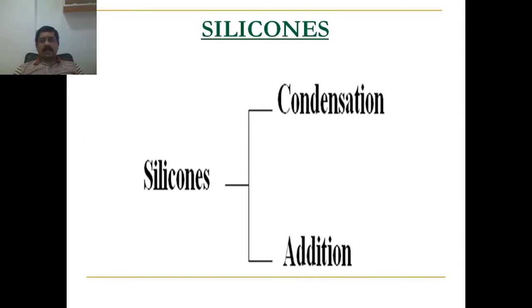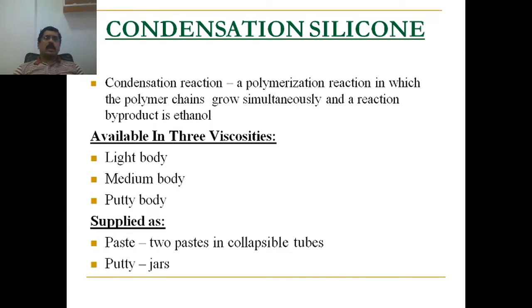Silicones, as we said earlier, we have condensation and addition. Condensation silicone is based on a condensation reaction, which is a polymerization reaction in which polymer chains grow simultaneously and a reaction byproduct is formed. Here the reaction byproduct is ethanol. It is also available in three viscosities: light body, medium body and putty.